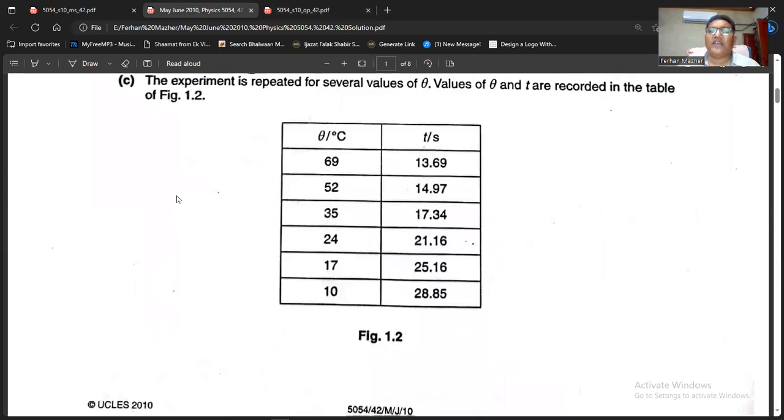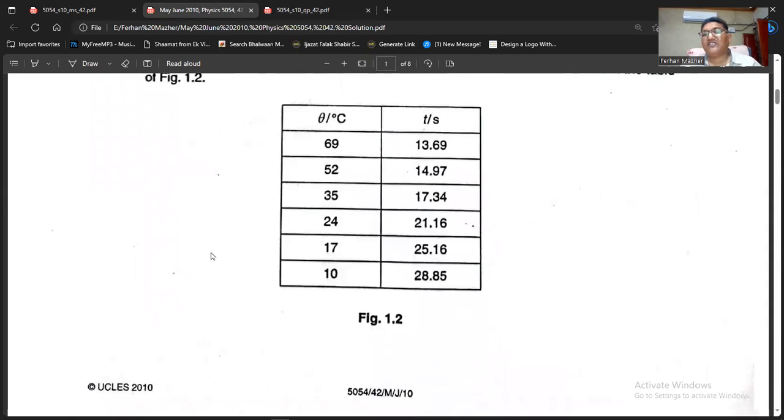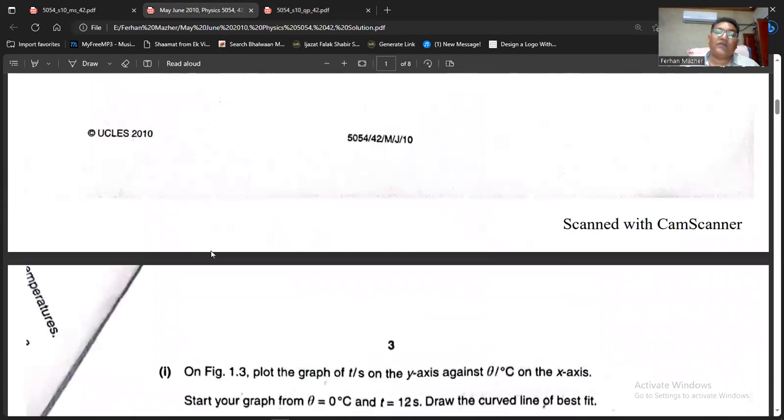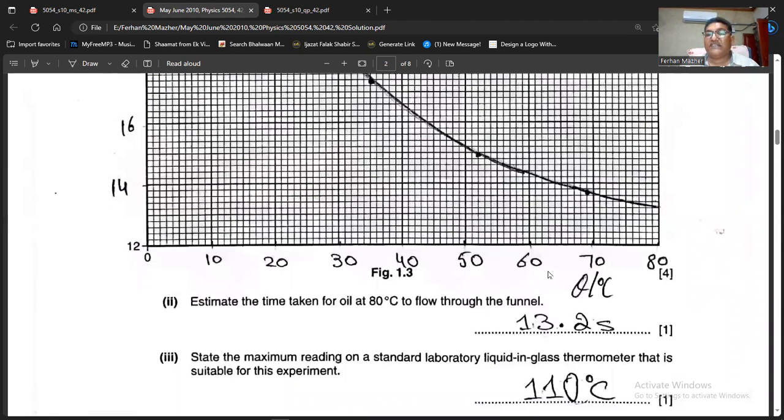So this is our table. This is my x-axis, and this is my y-axis. The x-axis is going from 10 to 69, and the y-axis is going from 13 to 28.85. So on the x-axis we have 10, 20, 30, 40, 50, 60, 70, the temperature in degrees centigrade, going up to 80.